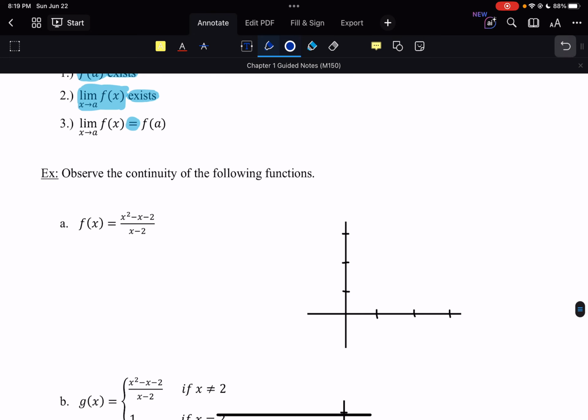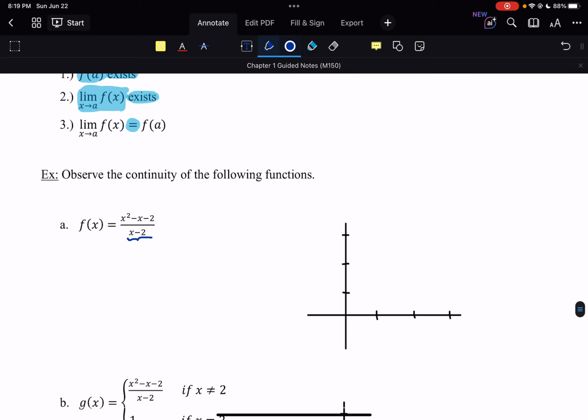And the answer, of course, is yes. There is one value that gives us a problem, because in the denominator, you cannot have a 0. So x minus 2 cannot be equal to 0, which means that x cannot be equal to 2.